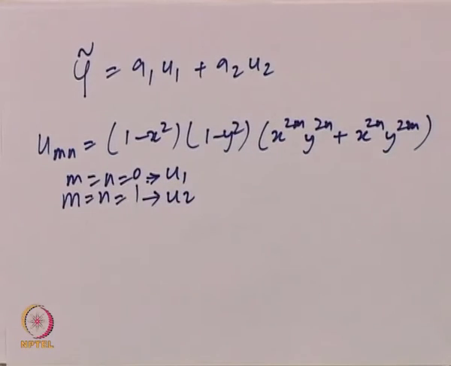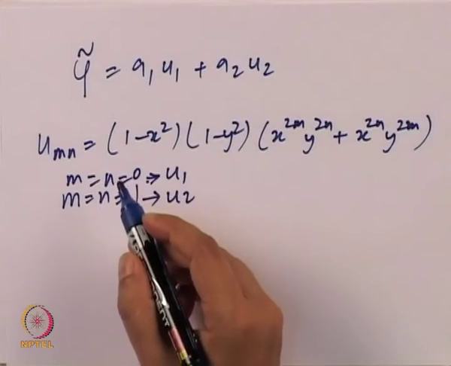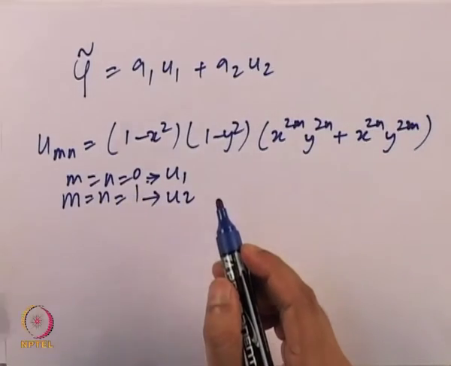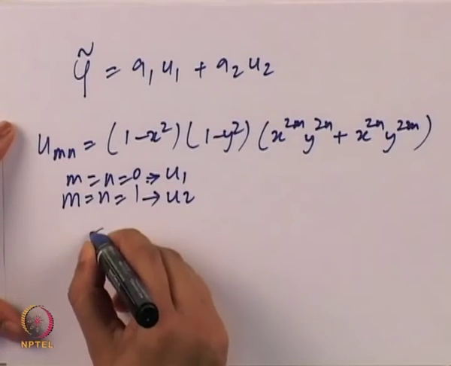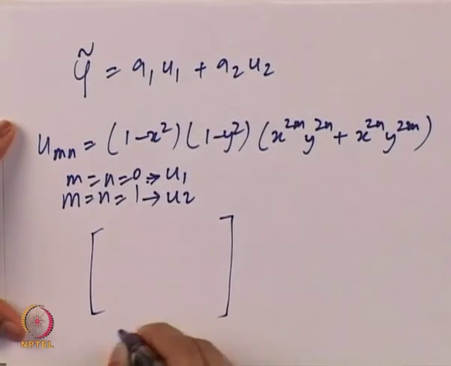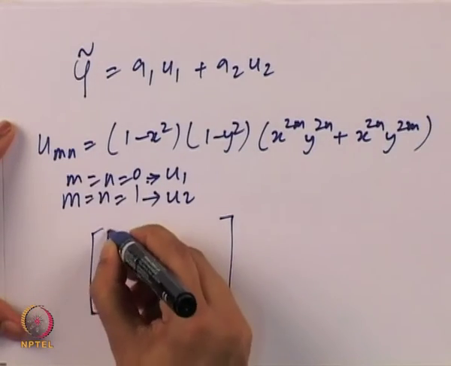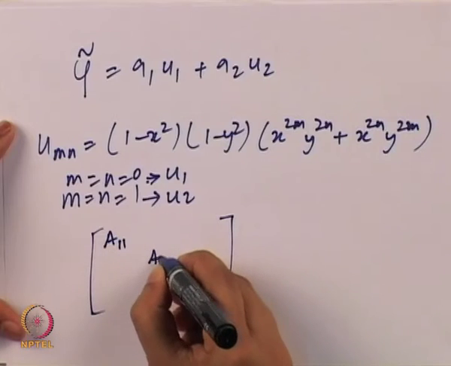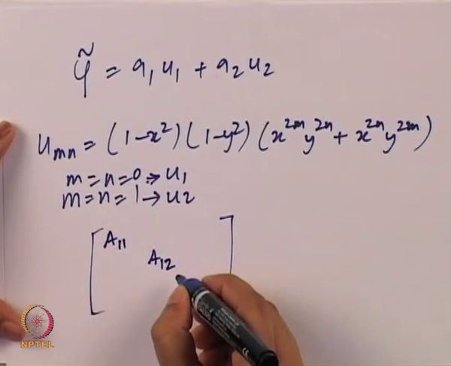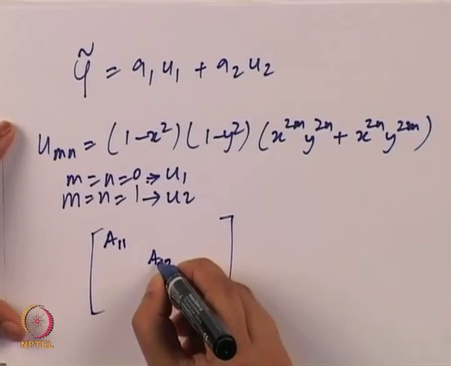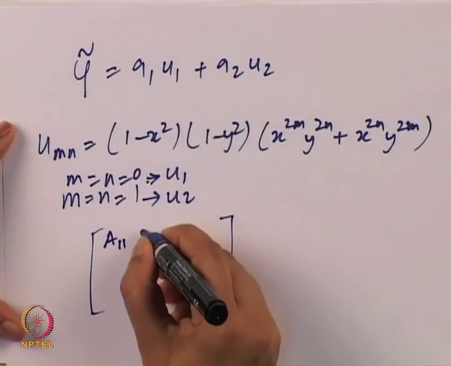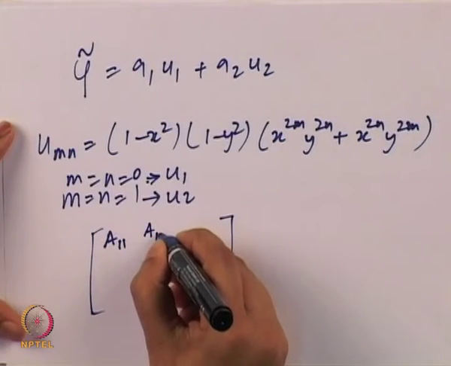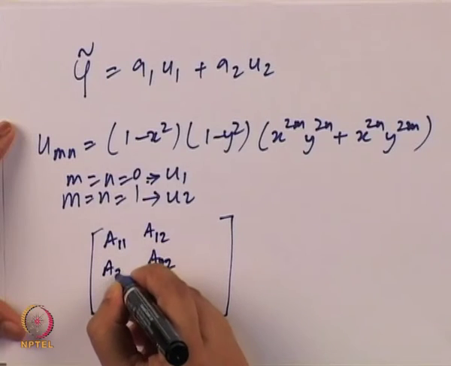This is what we are going to do, and we will get the different values for u1 and u2, and based on that we are going to compute not just one term but a series of terms: A11 and A22, and here A12 and A21.